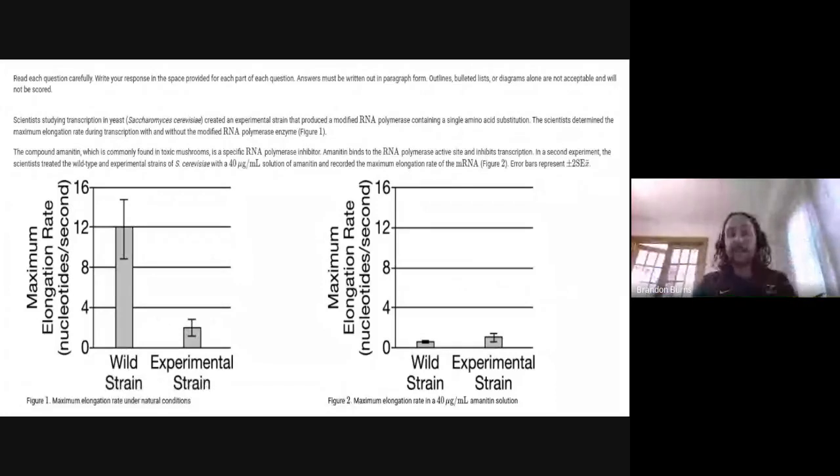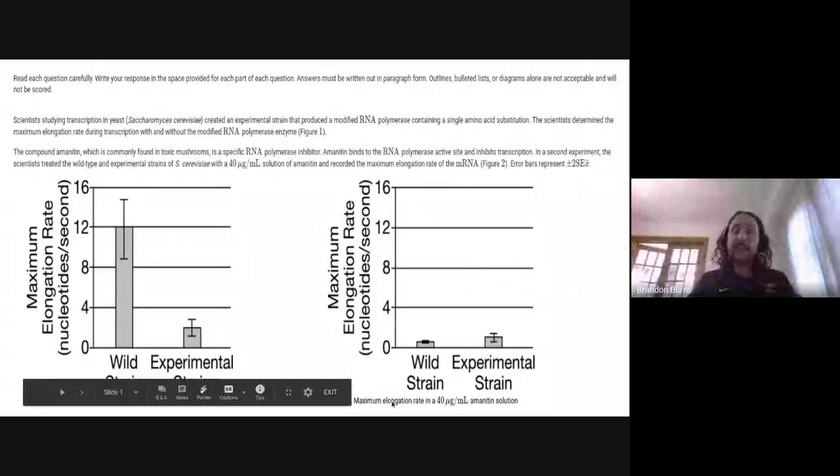So if you're going to compare the maximum elongation rate in the presence of amanitin solution, you need to know what the elongation rate is without the amanitin solution. So they should have had the wild strain or the experimental strain or both also present in this experiment without the amanitin solution. So that would have been a control. It's not enough that they did the experiment in another trial at a different time.